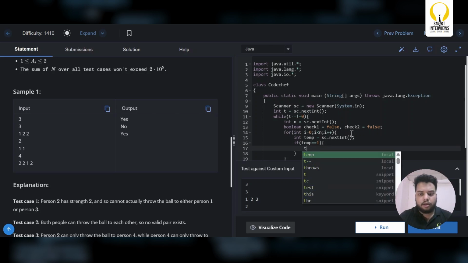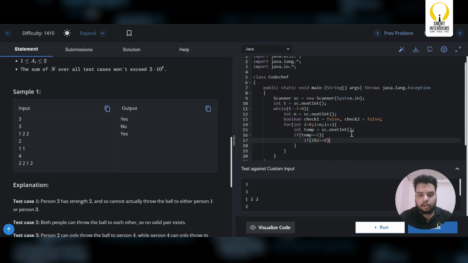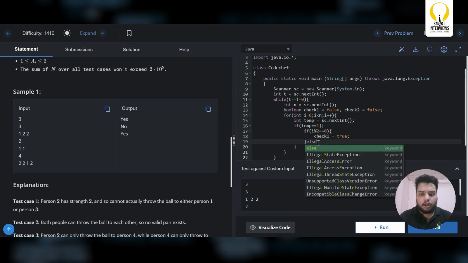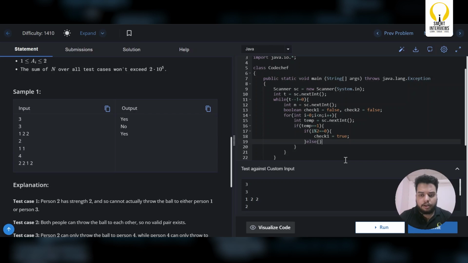If my I is even, then that means it is an even index. So for even, I will keep check 1. If I find at least one array value equal to 1, then I will update check 1 as true. And else, obviously it will be at an odd index, so check 2 equal to true at this time.